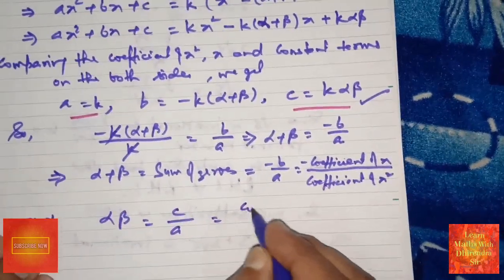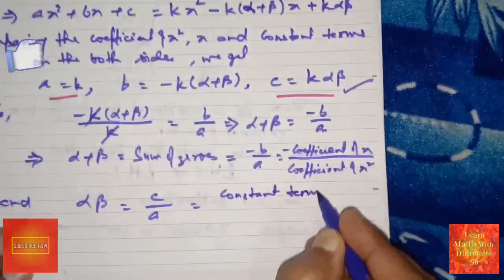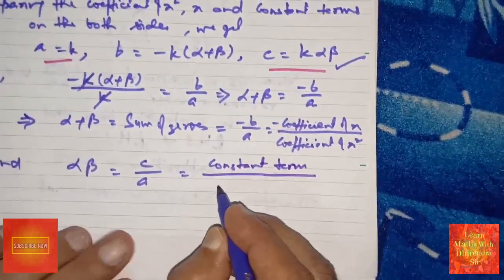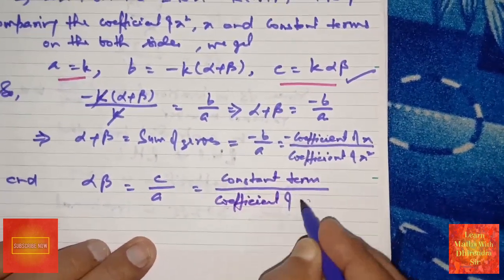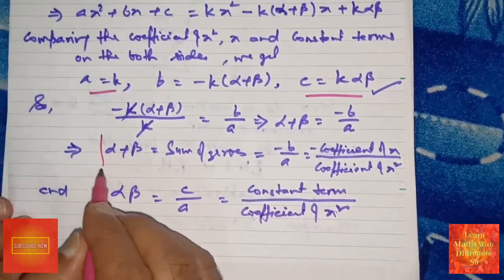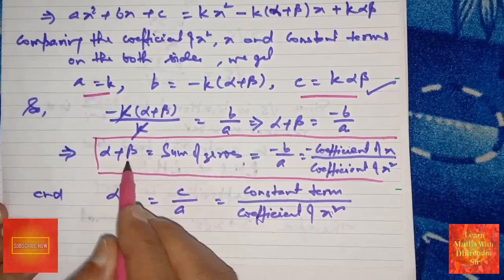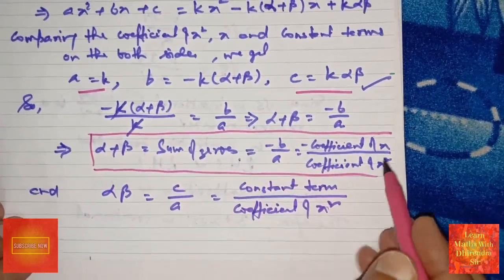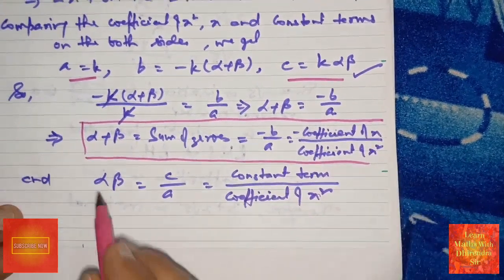c is the constant term and a is the coefficient of x square. It means you got a result. Alpha plus beta equal to minus b upon a, that is, minus coefficient of x upon coefficient of x square.